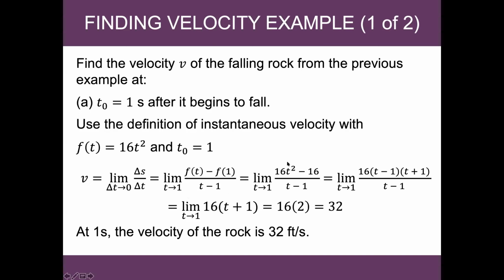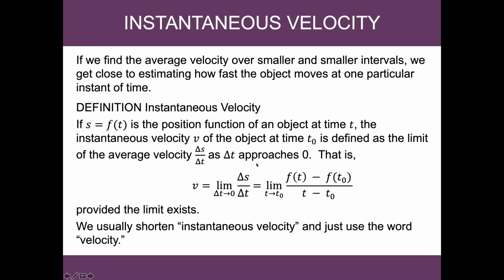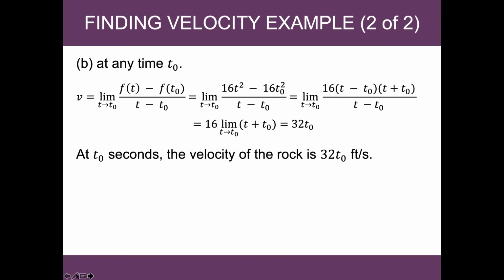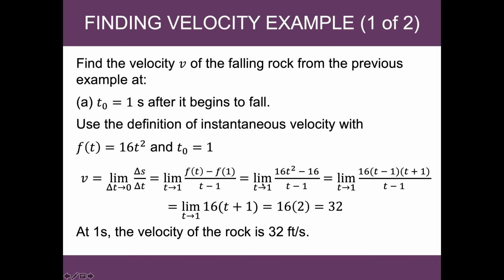And so you plug in the regular function, 16t squared, which was given in the previous part. f of t is 16t squared, and t sub 0 is equal to 1 from the previous information given. So part of what I want you to see is that the situation is the change in y over the change in x.